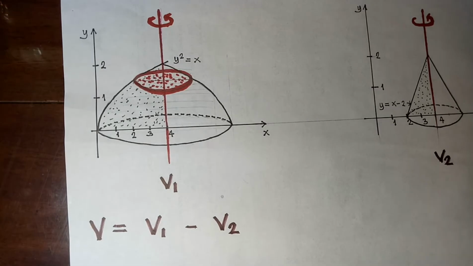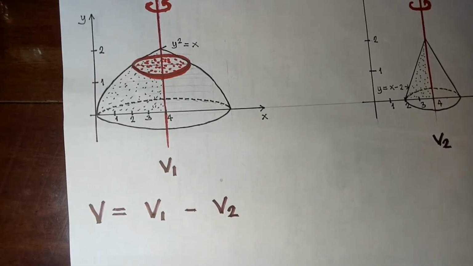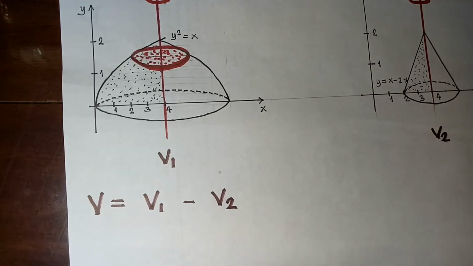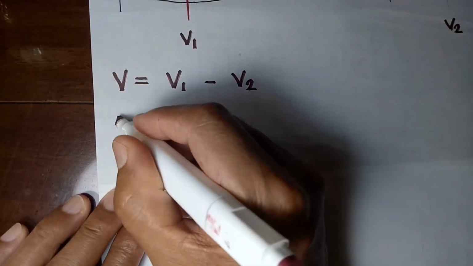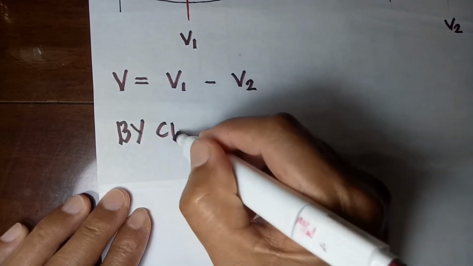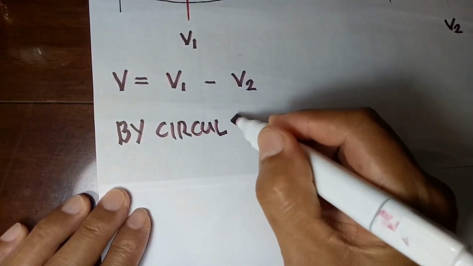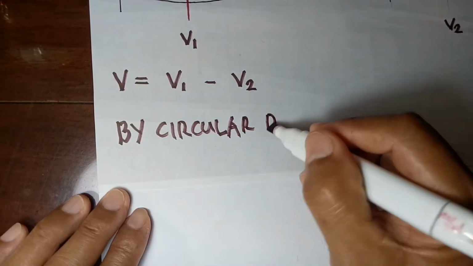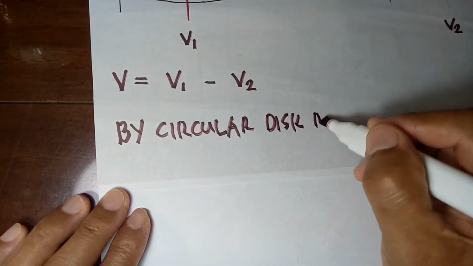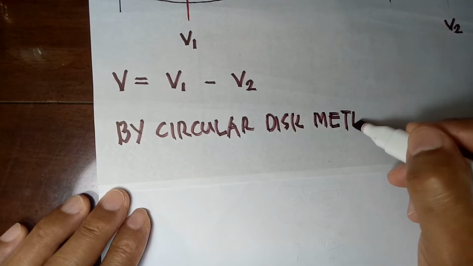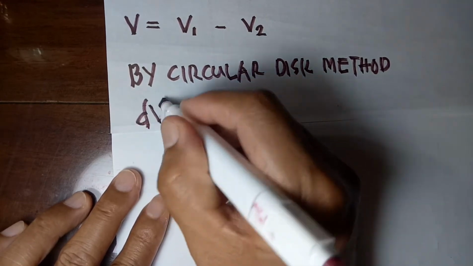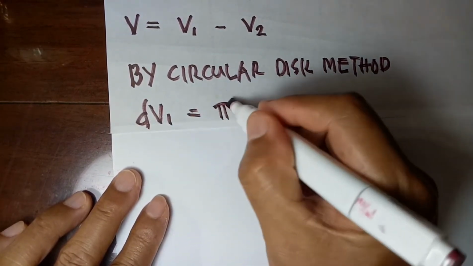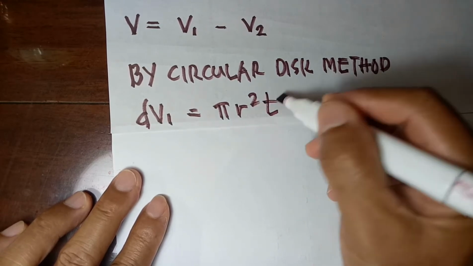For volume 1, by the circular disc method, dV1 equals pi r squared times the thickness.